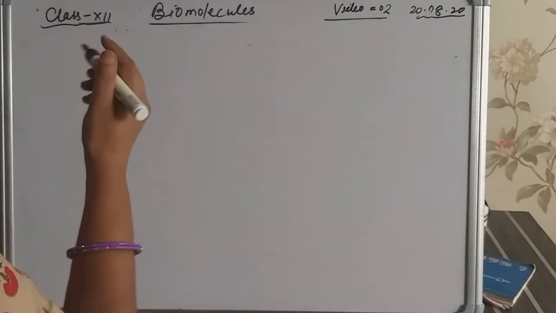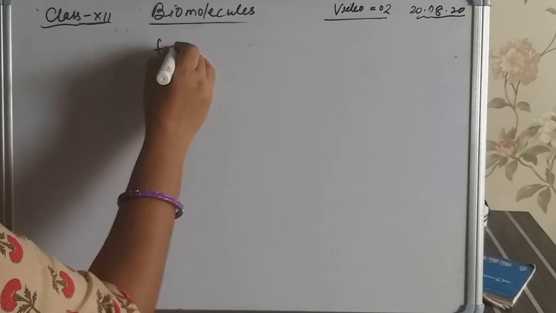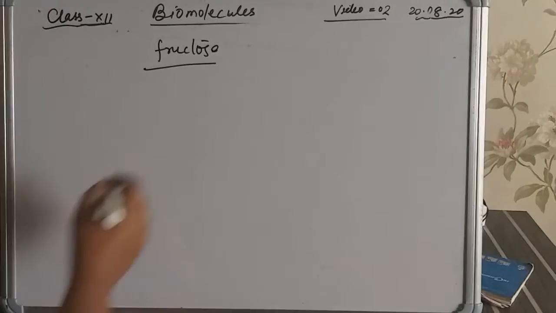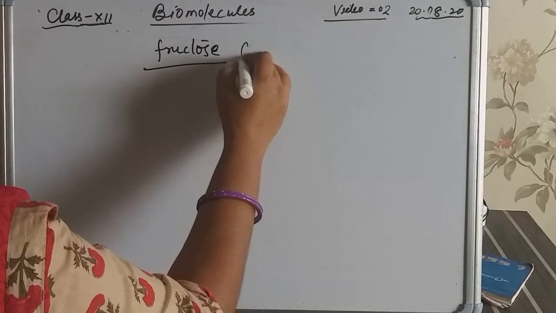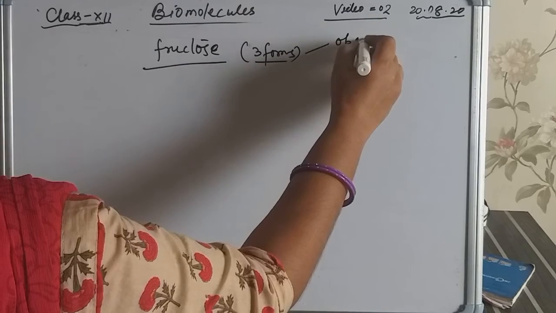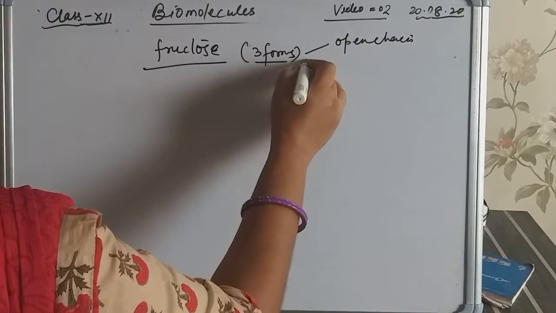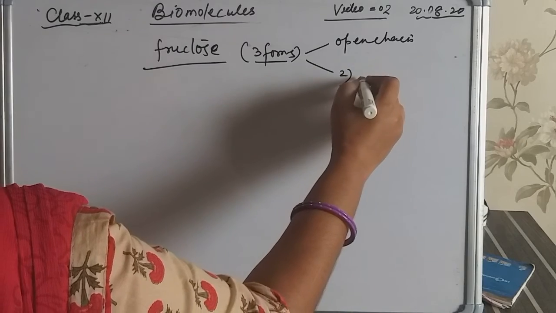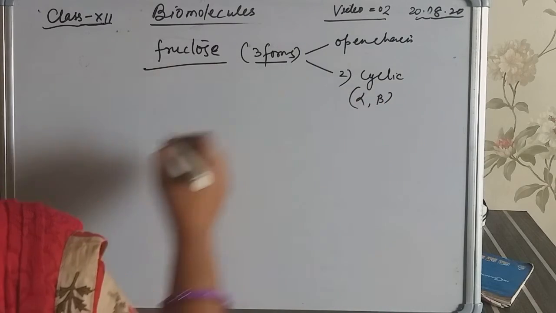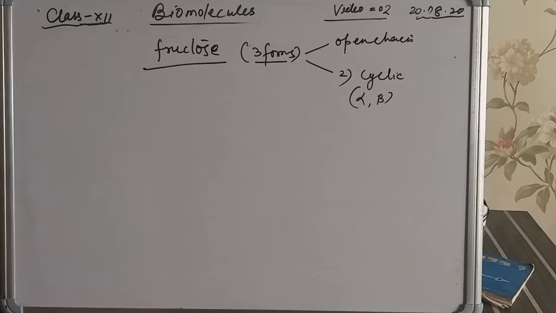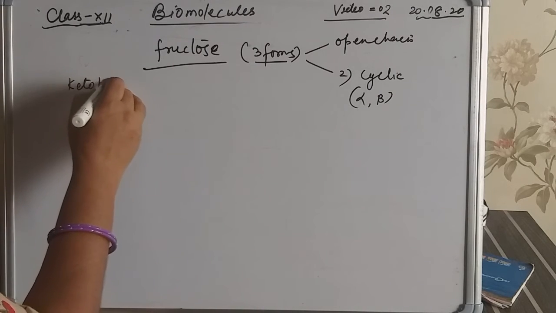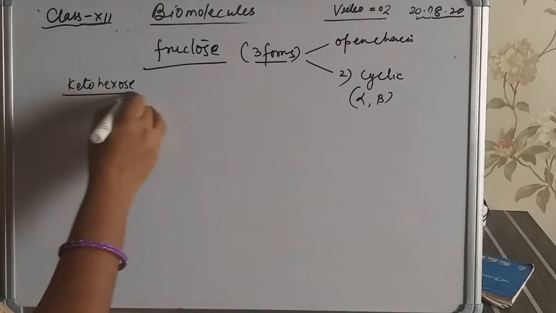Fructose. Again we discuss the three forms of fructose. First, the open chain like glucose, and the next two are the cyclic forms, alpha form and beta form like glucose. It is known as a ketohexose. Keto means ketone, hex means 6.